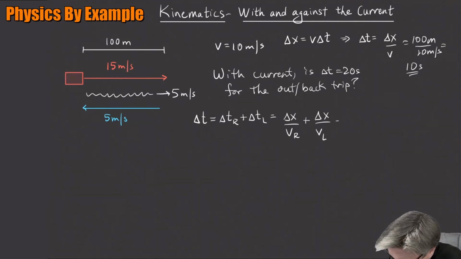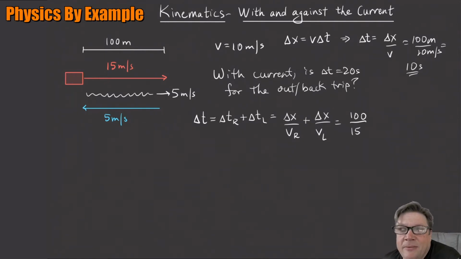So this is just going to be 100 over, okay, now I've got to be careful. How fast are we going to the right? We're going 15 to the right. Again, I'm leaving off the units; I'll stop remarking on it, because it makes things a little easier to read. So that's 100 divided by 15 going to the right. And going to the left, we have 100, and our speed to the left is 5, right?